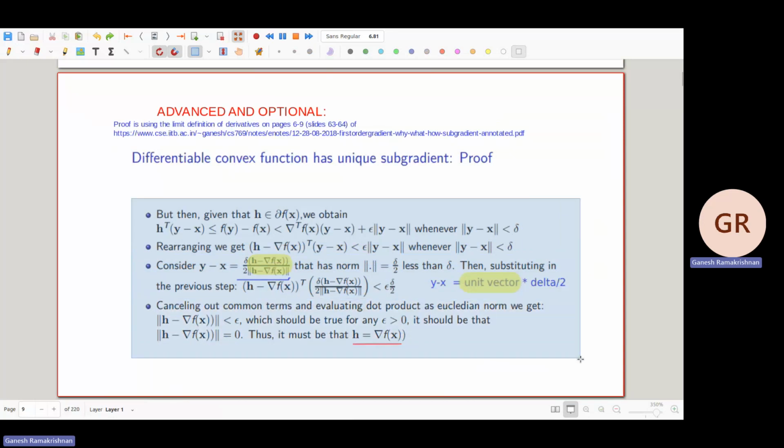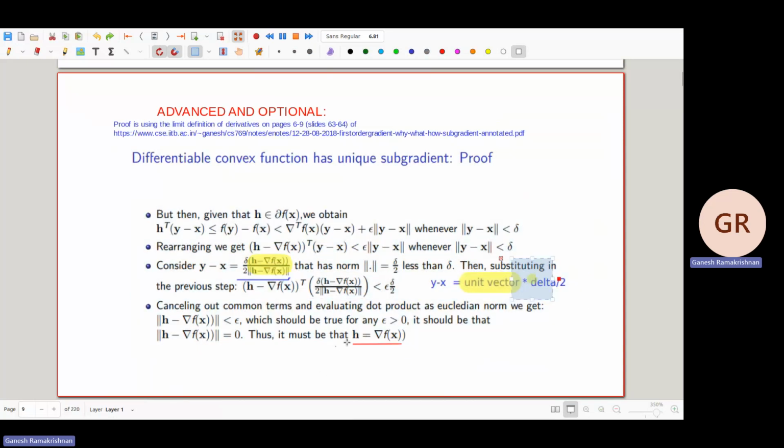Basically I can show that the norm of H minus the gradient of f at x should be less than epsilon, for any epsilon greater than 0. This is the trick.